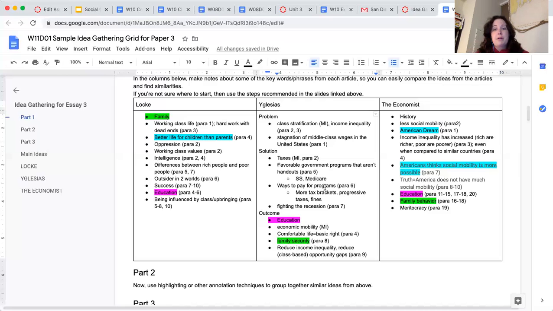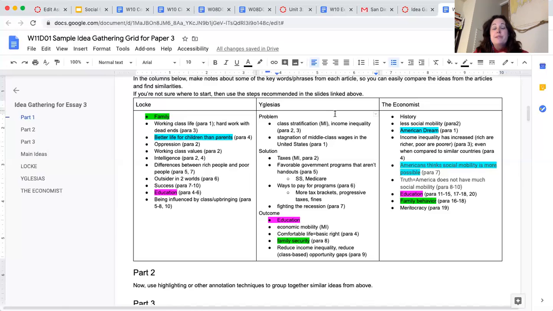And that's going to be part two, where you're going to find the ideas that are the same across the articles. For something like this idea of the American dream and things becoming better, even if that only shows up in two articles, I think there are probably ways it comes up in the Iglesias article, but we won't worry about that for now. If it only comes up in two articles, that's okay.